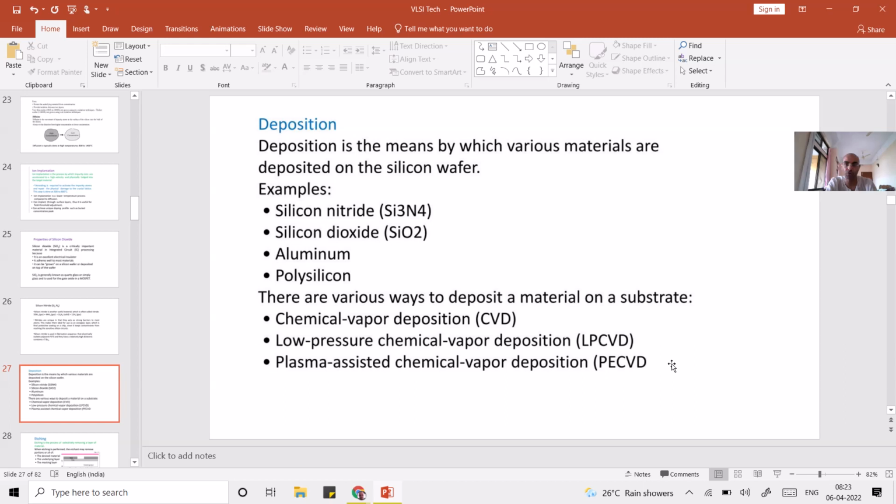So you keep this chemical in a certain chamber, and then a plasma is flown through it. Then vapors of that chemical are formed, and later it is deposited onto the substrate. This is called plasma assisted chemical vapor deposition, or PECVD.